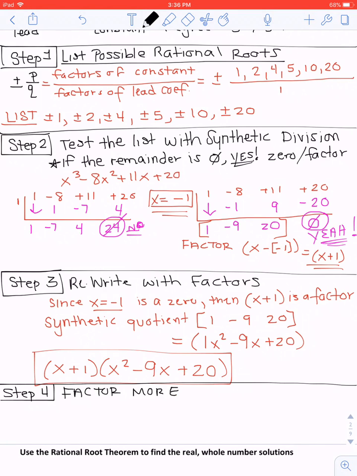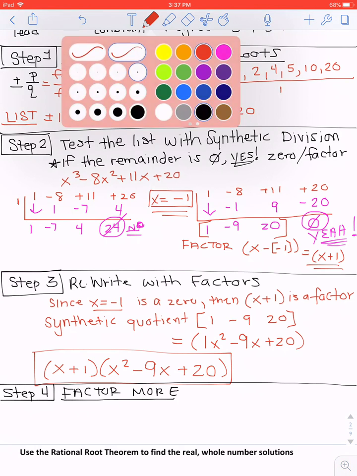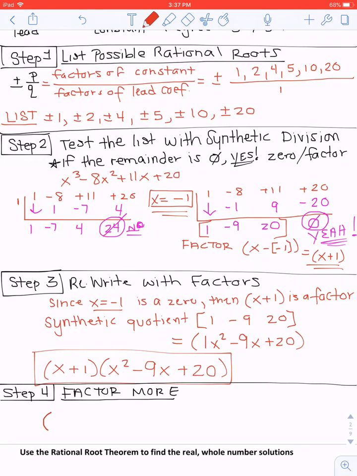You're at a quadratic now, so you know how to factor a quadratic, right? So we definitely have our x plus 1. That factor's done. We're going to look and say, all right, I need 2 numbers that add to -9 and multiply to positive 20. Oh, all right, that can factor into x minus 4 times x minus 5.